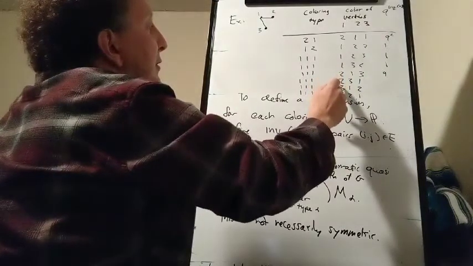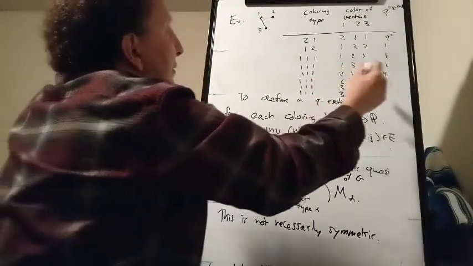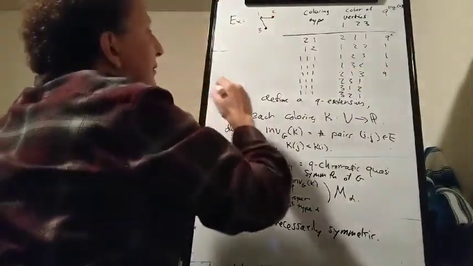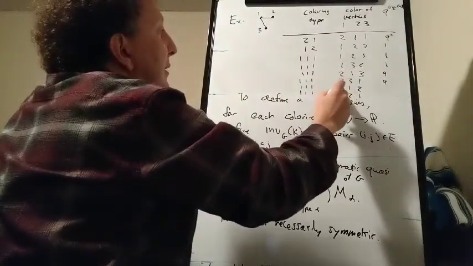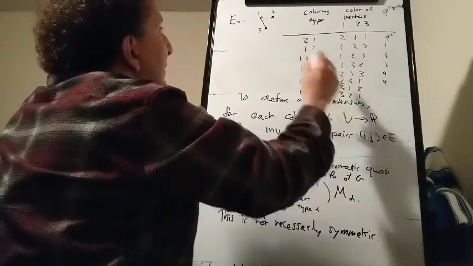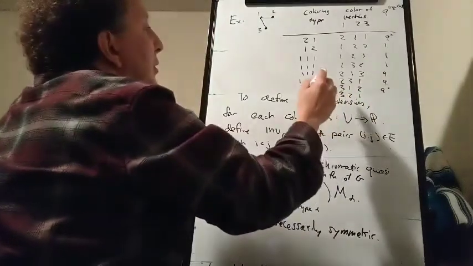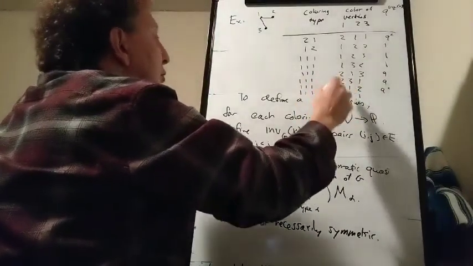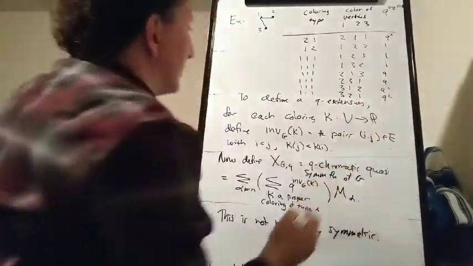Here, 1 gets a greater color than 3, 2 gets a greater color than 3, but that doesn't matter because there's no edge, so we still have just 1 inversion. 1 gets a greater color than 2, 1 gets a greater color than 3, so that's 2 inversions. And then here, 1 gets a greater color than 2 and 3, 2 gets a greater color than 3, but we don't care because they're not connected by an edge, so that's q squared.